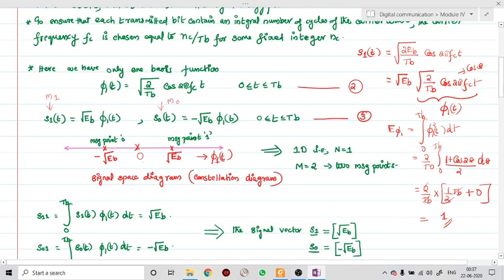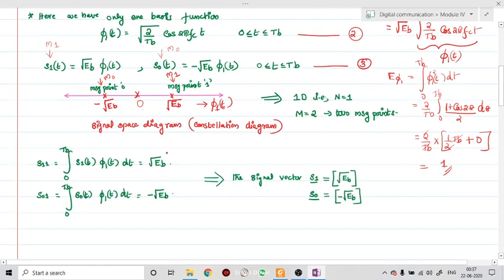So N is equal to 1, and you have two message points corresponding to S0 and S1. This is my message point 1, which corresponds to my message symbol M1 or signal S1, and this is my message point 0, which corresponds to M0. This is my constellation diagram.